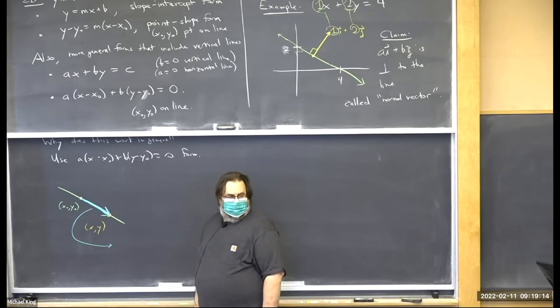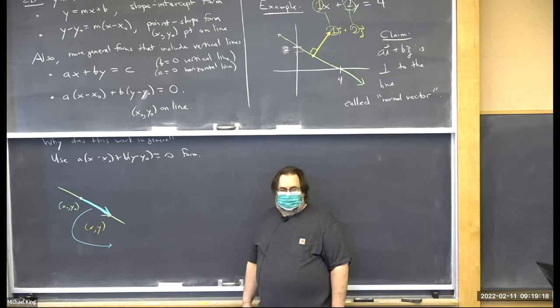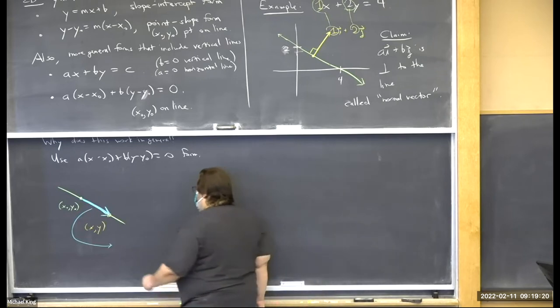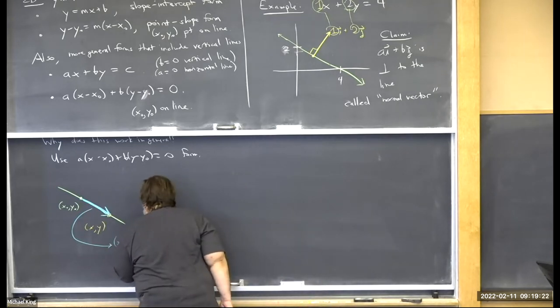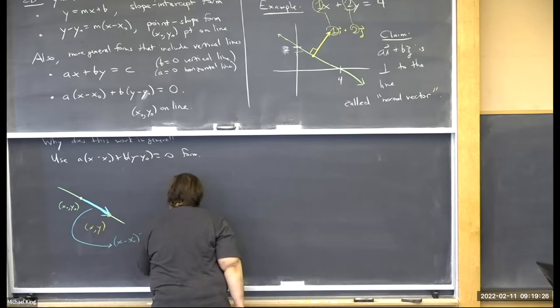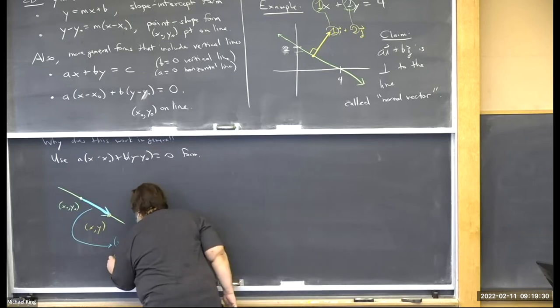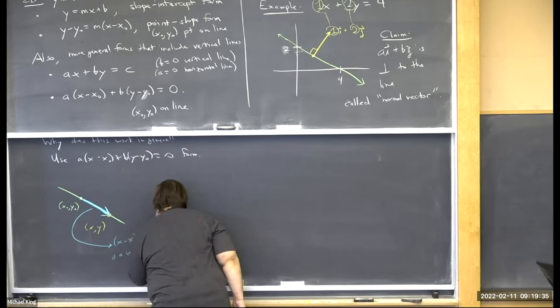What do we do if we have a vector between 2 points? Just subtract, right? So this is (x minus x naught) i plus (y minus y naught) j, right? So this is along the line. It is a vector parallel to the line.